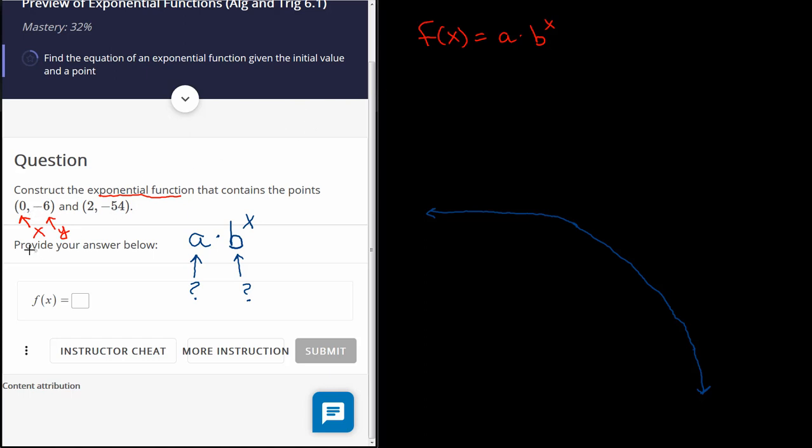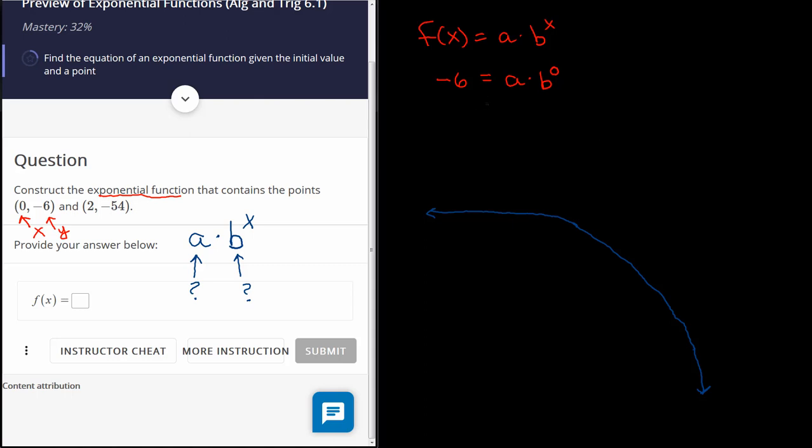So what this first point is telling me is that when I put in 0 for x, then I get -6 for y. When 0 is the input, then -6 is the output.